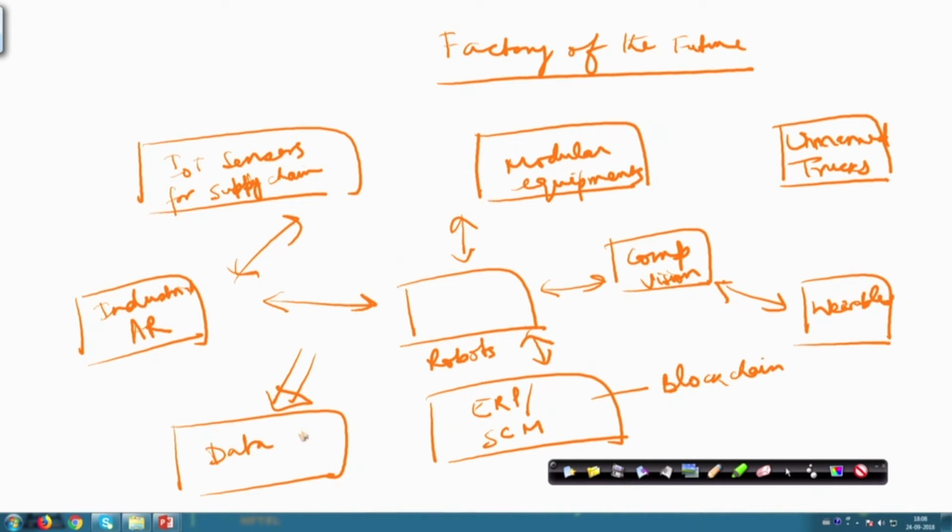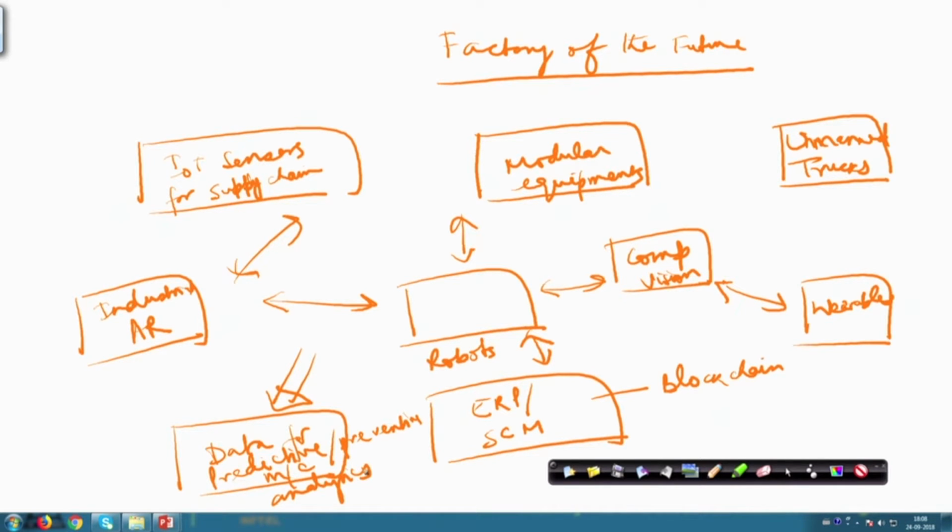This data will be used for predictive or preventive machine analytics. So, this is typically what it looks like in a factory of the future.